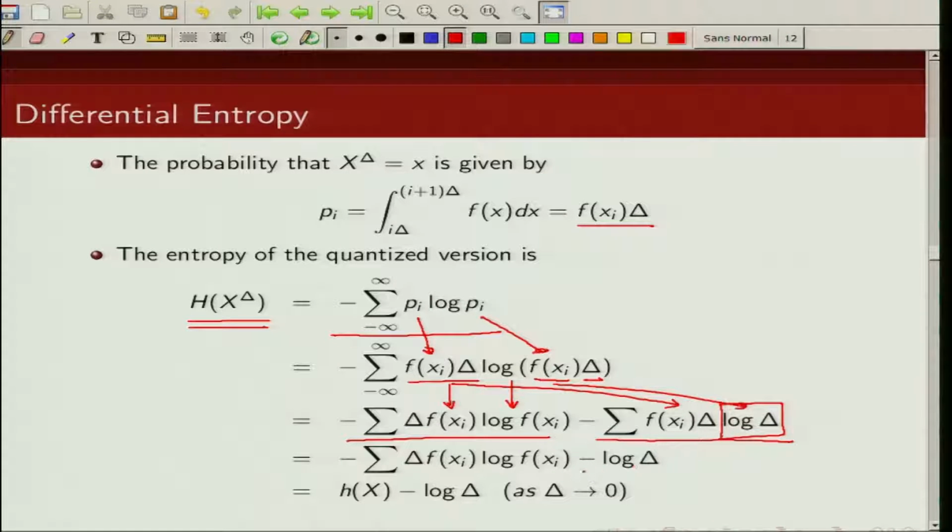So we get minus log of delta, and this other term for small delta approximates the differential entropy. So we can write the entropy of the quantized random variable as the differential entropy minus log of delta, when delta is very small.